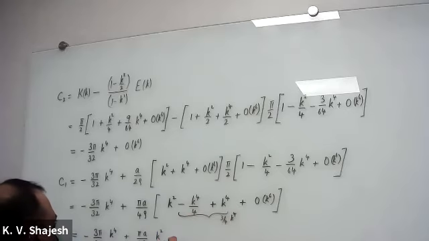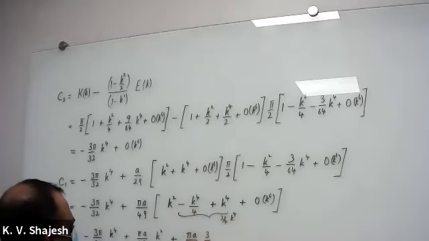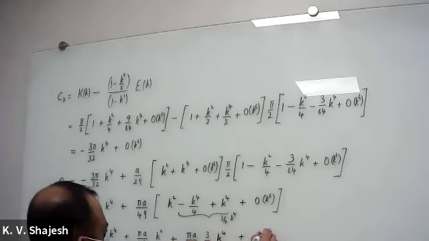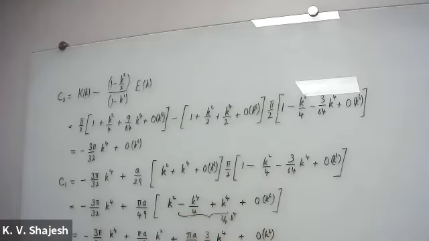So that's the same as plus pi a over 4 rho times 3 by 4 k raised to 4 plus order k raised to 6. Is that clear what I did? As of now, I have just collected these terms. The only thing I did was combine these two equations, including the sign.